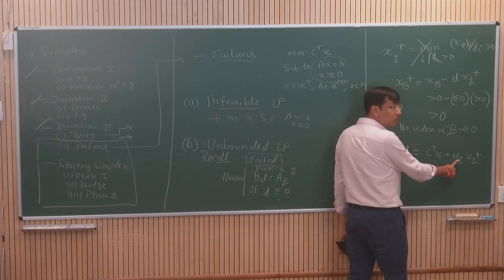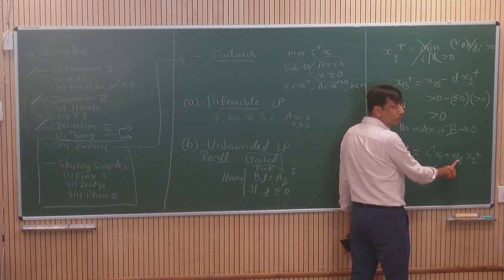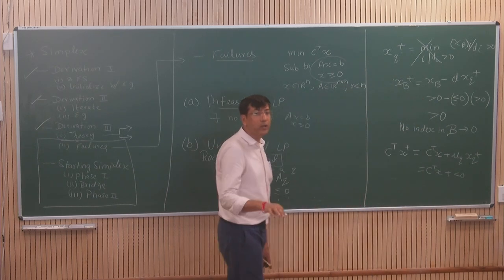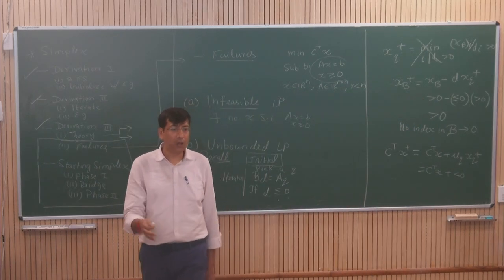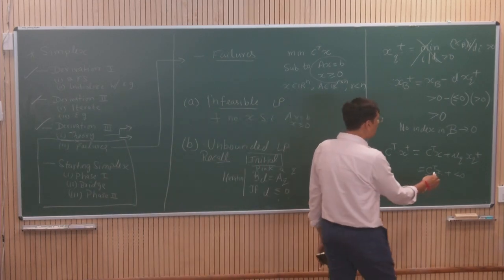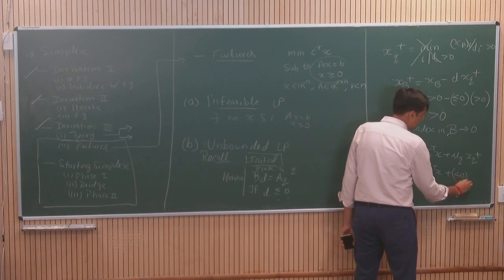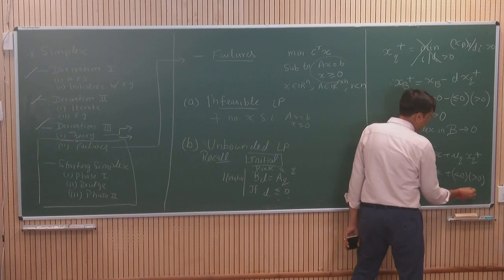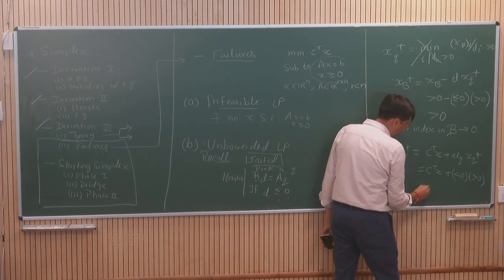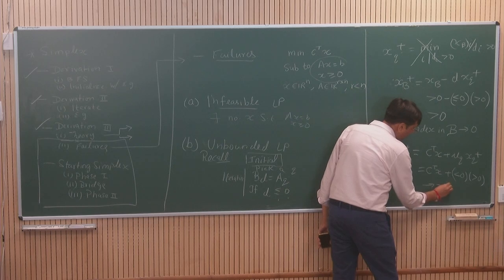What was mu Q? Negative, right? That is how we had picked the Q. I know it has been a week, you have forgotten, but you have to recall. See your notes and recall. And what are we doing to XQ plus? To be greater than 0. What does this mean? That you can keep increasing XQ plus and make this guy tend to minus infinity.